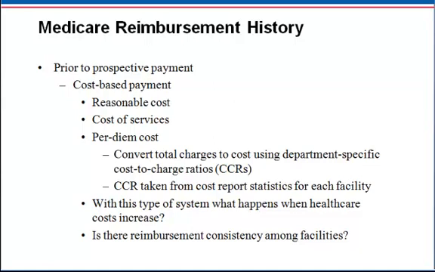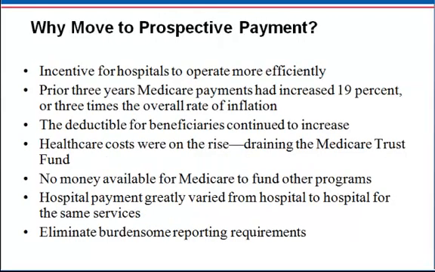So by the early 70s, Medicare administrators really began to search for a different payment mechanism to help try and control the rising costs. So the system that they began to investigate was based on the concept of prospective payment. In 1972, Congress authorized CMS or Medicare to begin prospective payment demonstration projects.